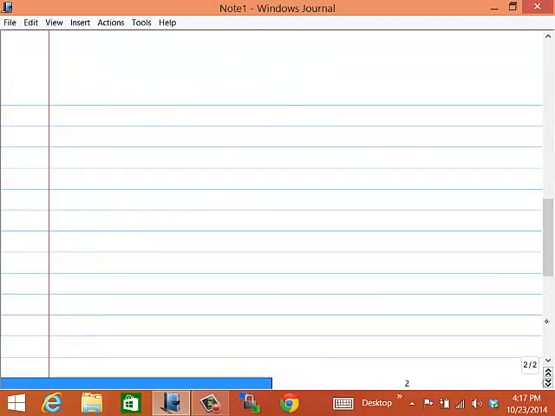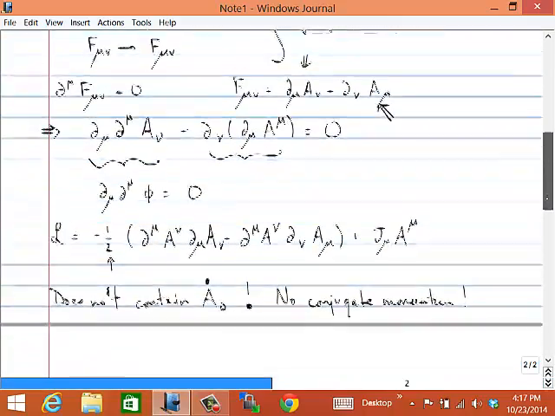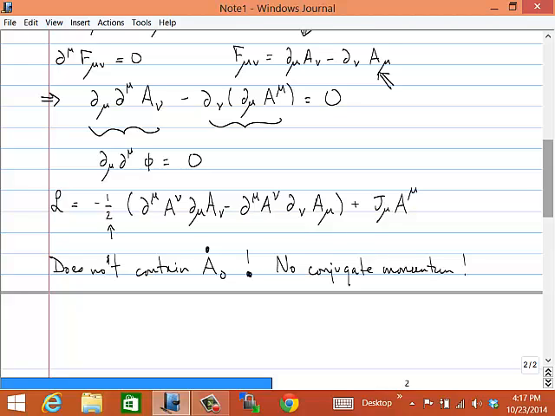So this makes it look like the Lagrangian is a function of A0, but not its time derivative. Okay. So you might wonder then that there's somehow no dynamics for A0. And indeed, this would lead you to ask the question, can we just set A0 equal to 0?